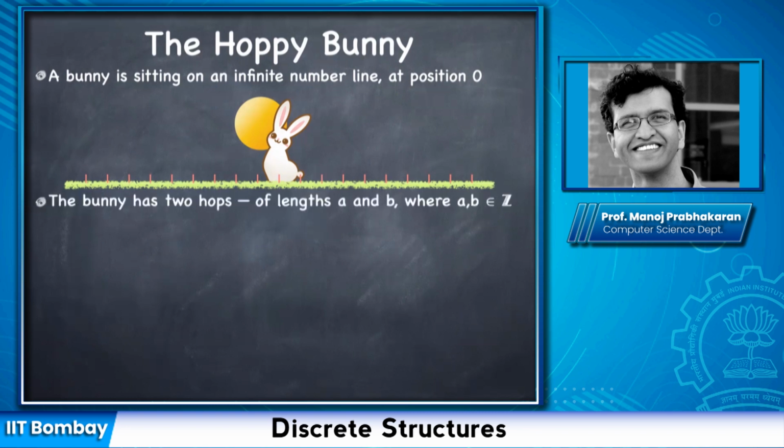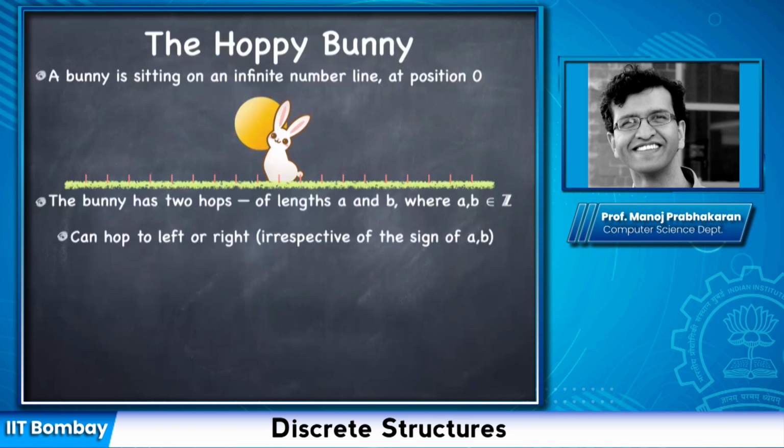This bunny knows how to jump, and there are two ways it can jump. It has a short jump and a long jump. The lengths of these jumps are a and b. These are some integer lengths, and it can hop left or right.